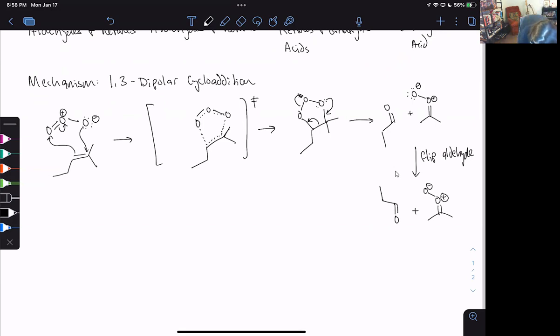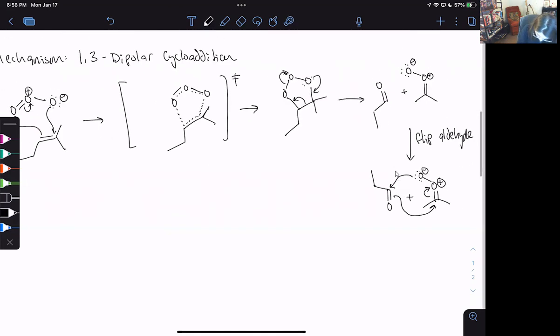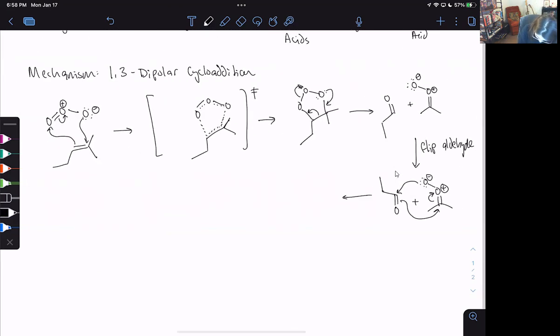And then we can see, again, that forward dipolar cycloaddition, where we're going to do the same 3 arrows in a circle. That's going to give us another 5-membered ring.